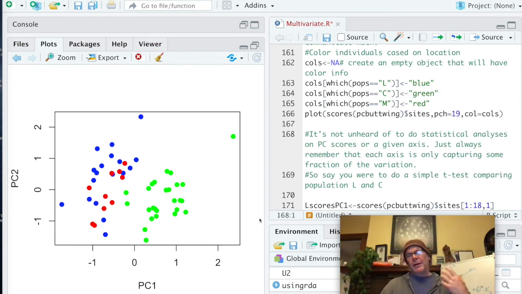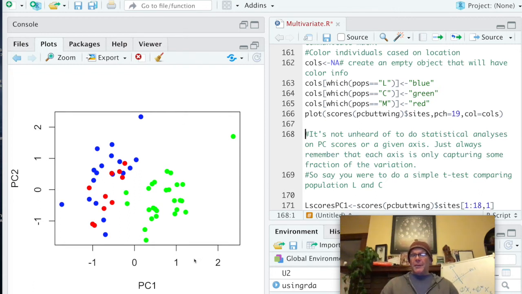And so by putting it into principal component space and then coloring those points based upon the population, we can look at this and say, well, clearly population C is out here. Populations L and M are over here, and L and M do not appear to really be that different from one another, interestingly. But these green guys are definitely different, right?